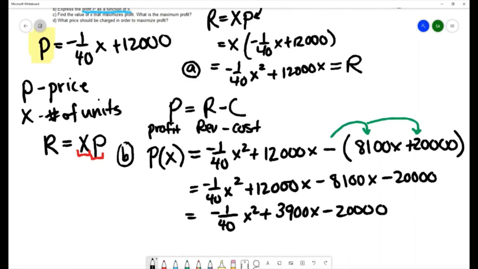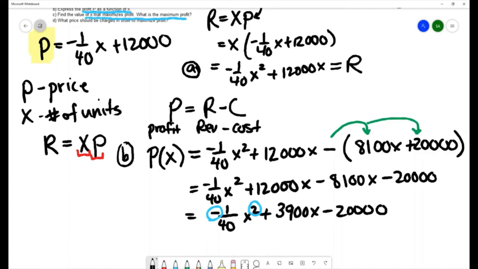We've got A and B done. So then on the next part of the question, we want to find the value of x that maximizes the profit. And what is that maximum profit? So what we notice here is that our profit function is a quadratic with a negative leading coefficient.